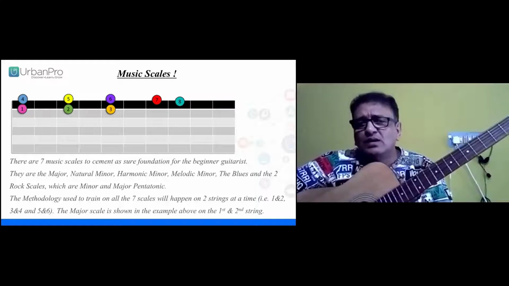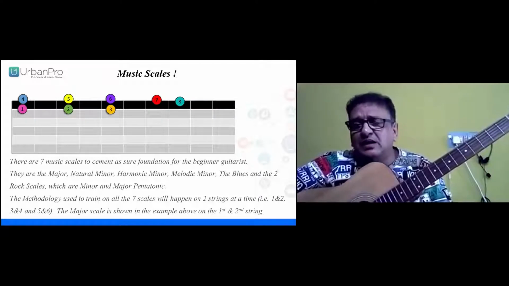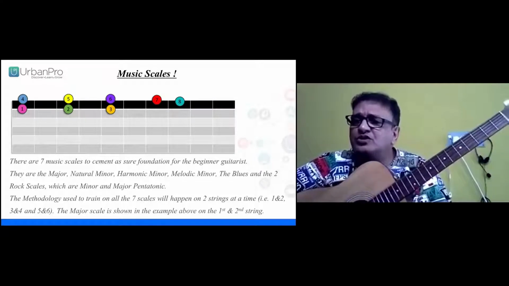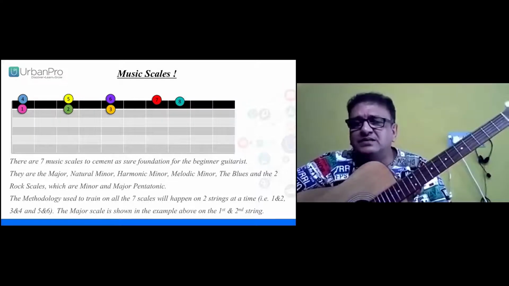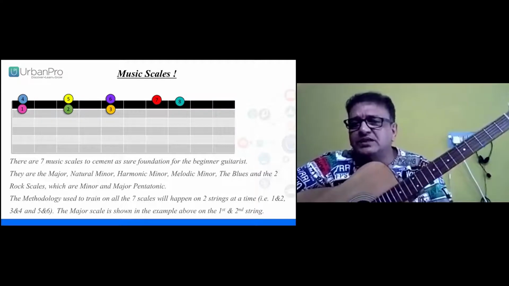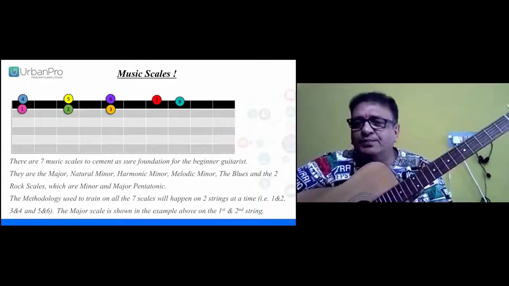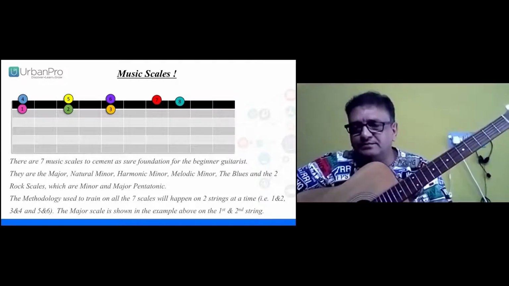And from my experience as a musician and as a teacher, I have discovered that 7 of them are of utmost importance. And I would relate them as the major, the natural minor, the harmonic minor, the melodic minor, the blues, and the 2 rock scales, the major and the minor pentatonic.